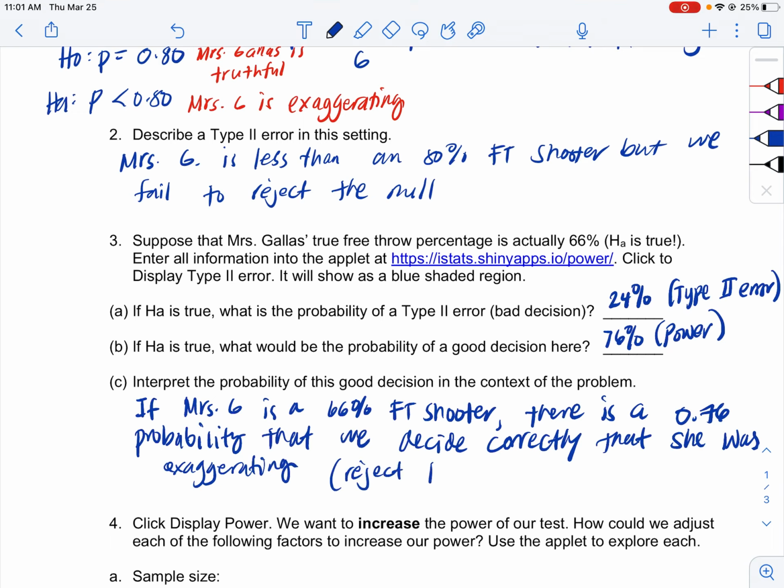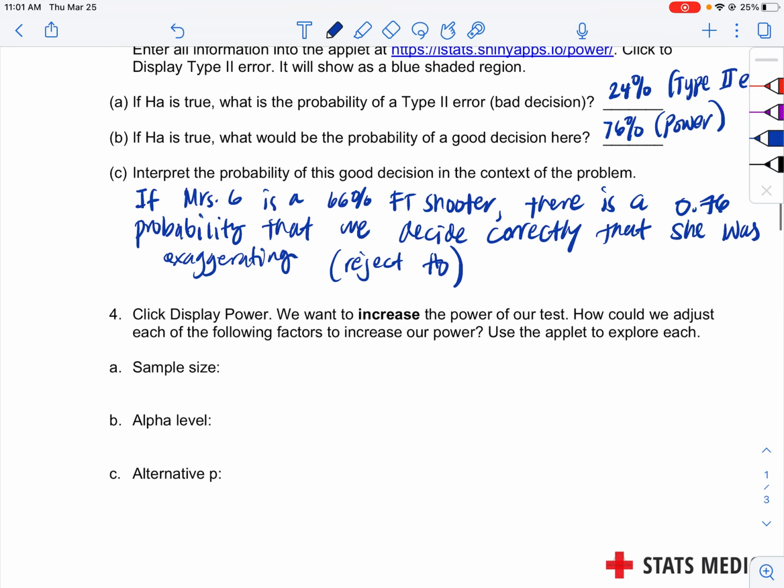We are going to reject the null. So our power here is that if the alternative hypothesis is true, we make a good decision of rejecting the null. Okay, now let's go to the next one.